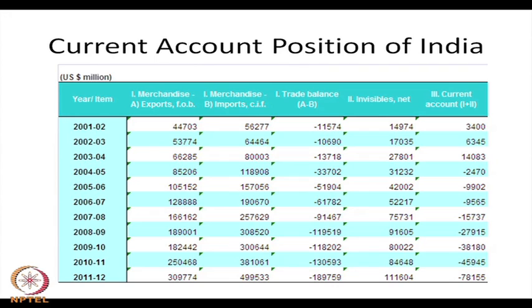The current account position in the case of India, I have given a table to you. This table is from the RBI handbooks on trade and the RBI handbook of statistics on the Indian economy. This shows the current account for the last 10 years. If you see the current account, first is the merchandise account, that is export and import.